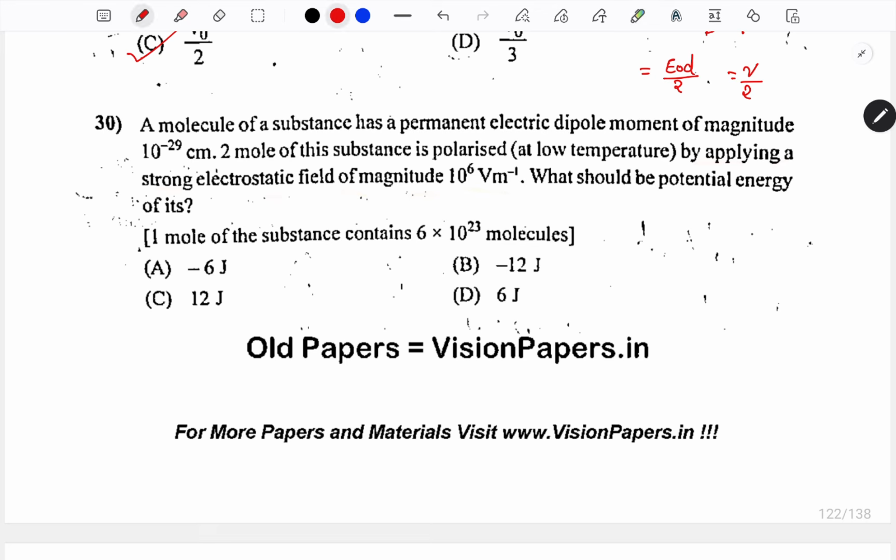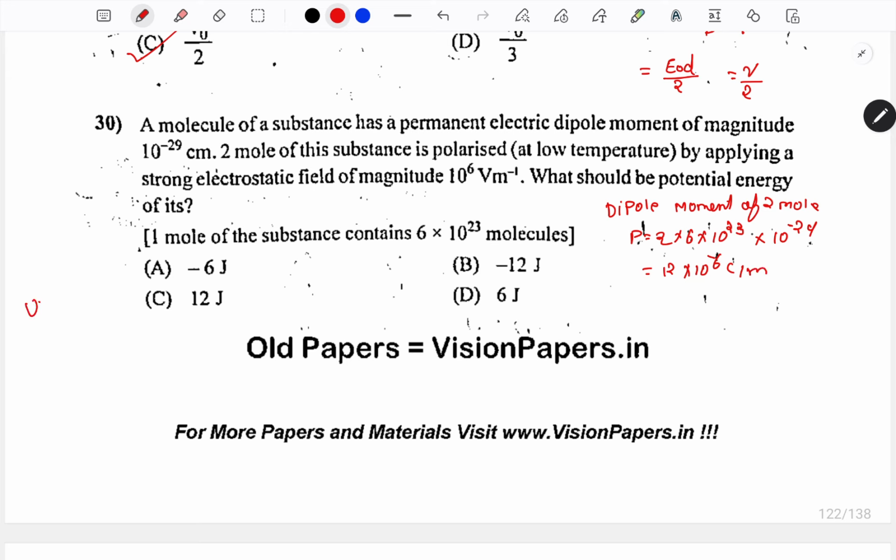So for potential energy, we know that the dipole moment of 2 moles, P is equal to 2 into 6 into 10 to the power 23 into 10 to the power minus 29. So the dipole moment will be 12 into 10 to the power minus 6 coulomb meter.